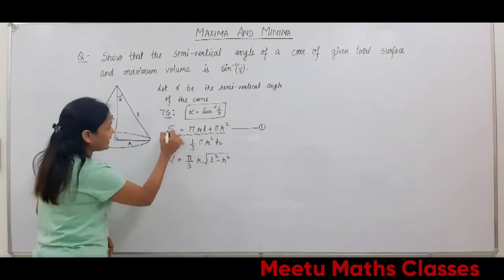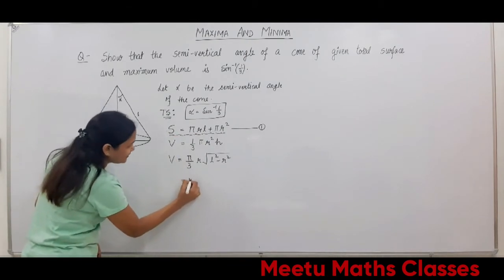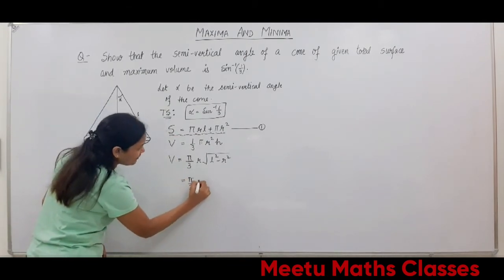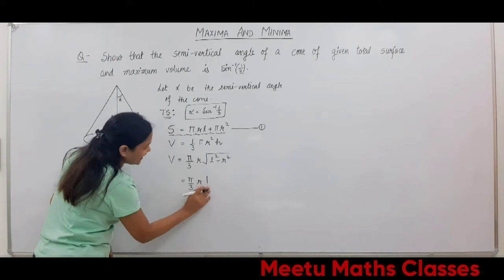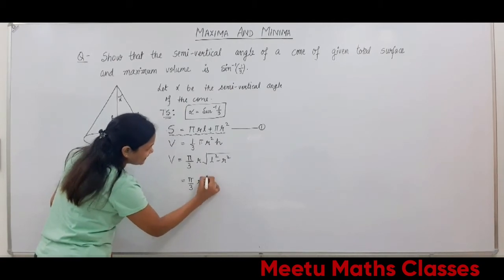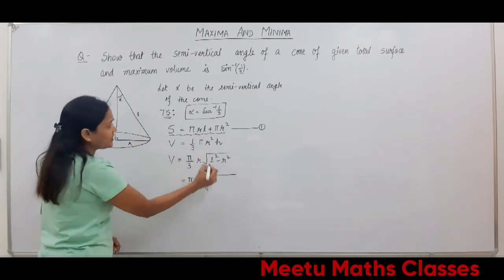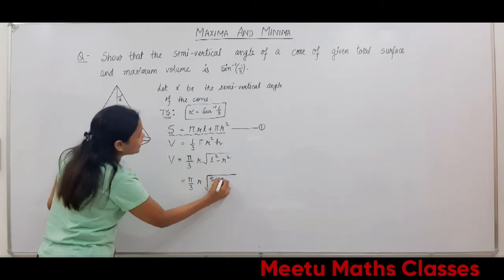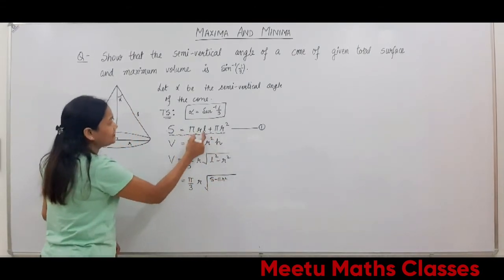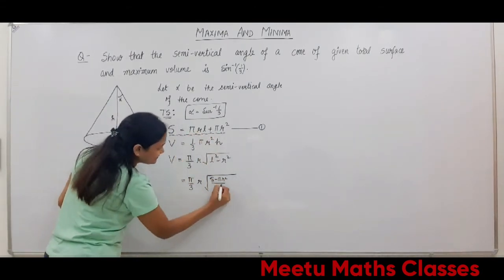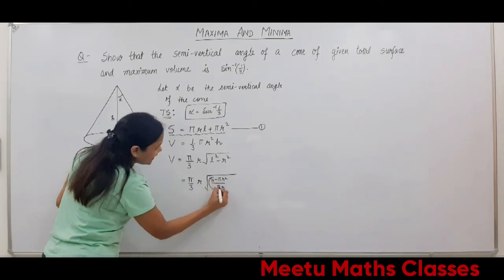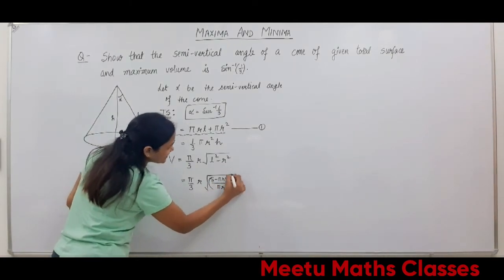So from here you can replace the value of l, and your l is s minus pi r square upon pi r. Replace l from here.